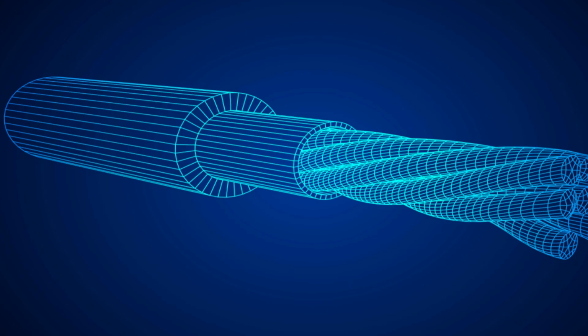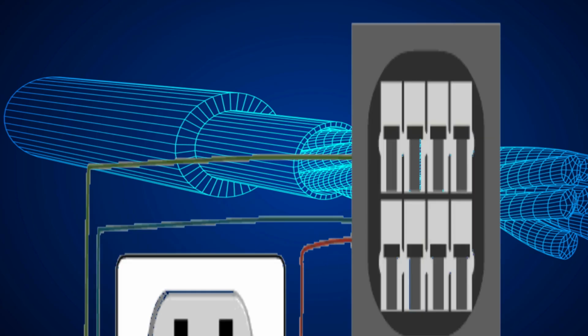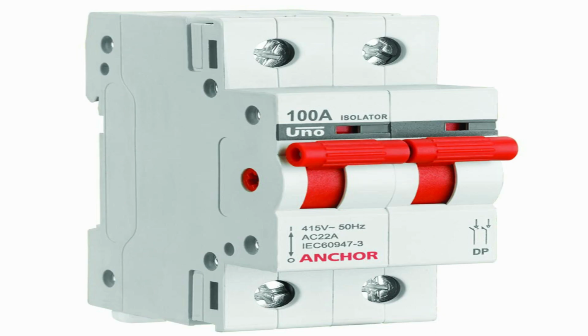We still have the isolators in this category, which are used as a supplement to the circuit breakers. They can only be operated when the current is not flowing through the circuit so as to isolate the system entirely. This implies that they can only be opened after the circuit breakers have been opened and closed before the circuit breakers are closed.